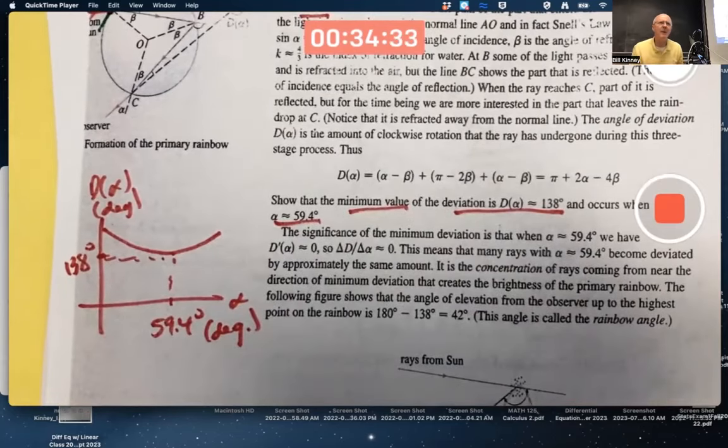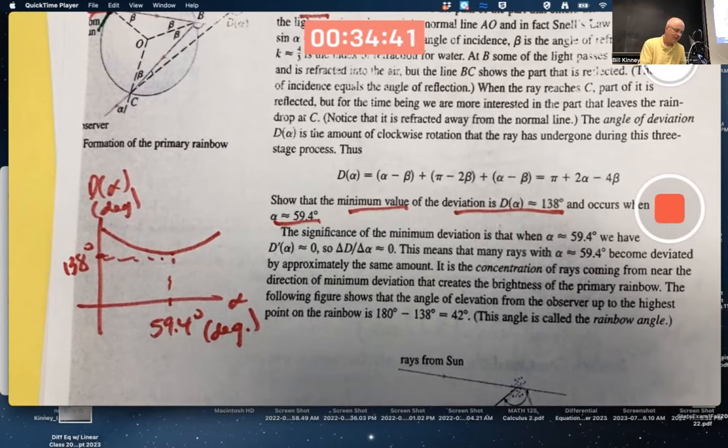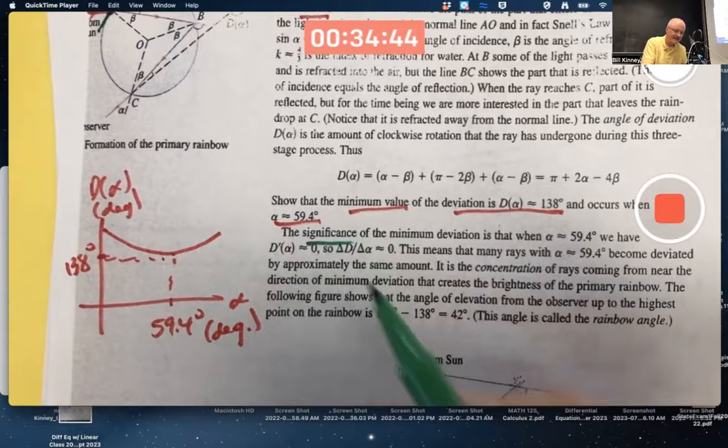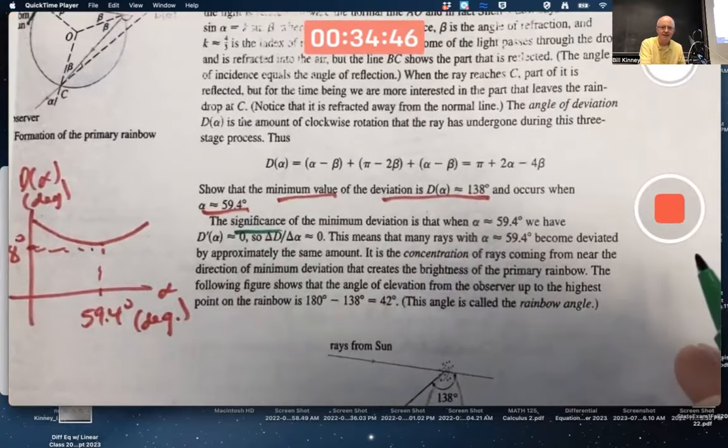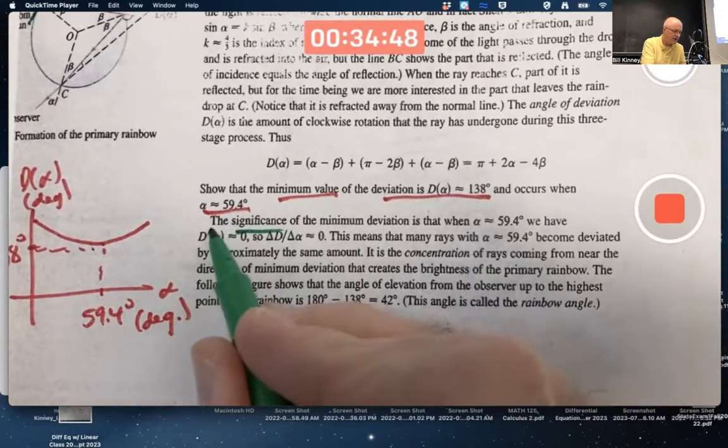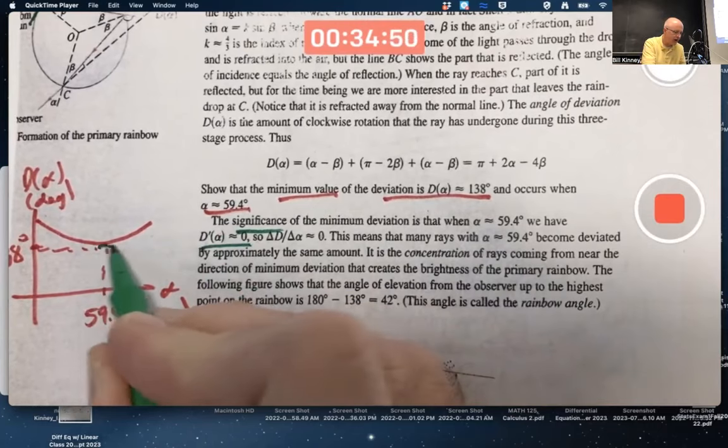How is this related to rainbows? What in the world? Here's the key. We'll talk more about this on Friday. What's the significance of this? This is where the derivative D prime is 0.